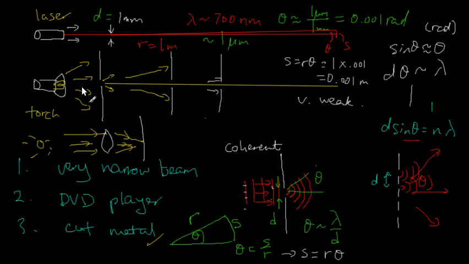So how is it possible for a laser beam to be so coherent? Let's take a look at the atoms. Now, in a laser, there is a part of the laser where this coherent light is produced.